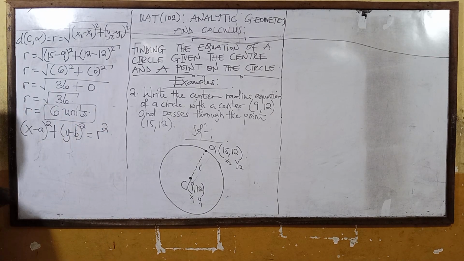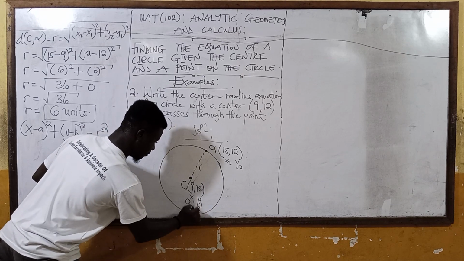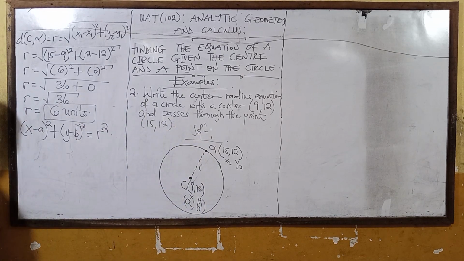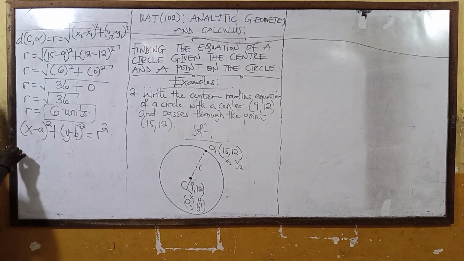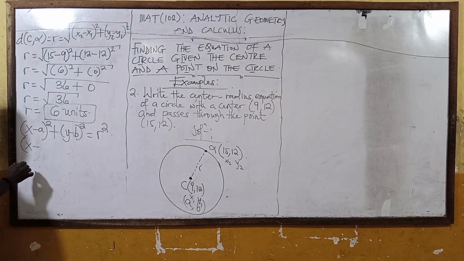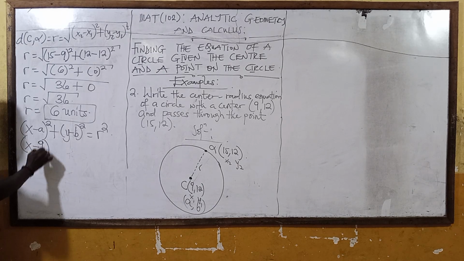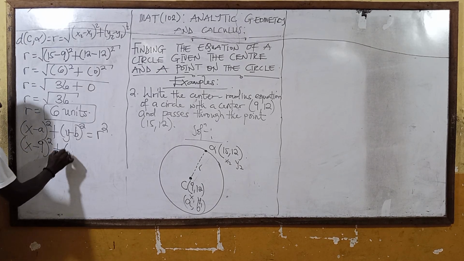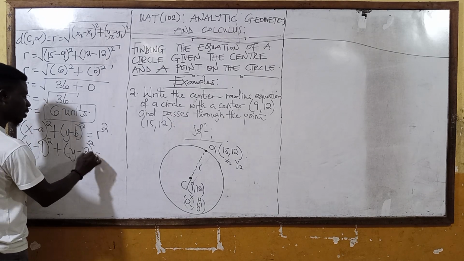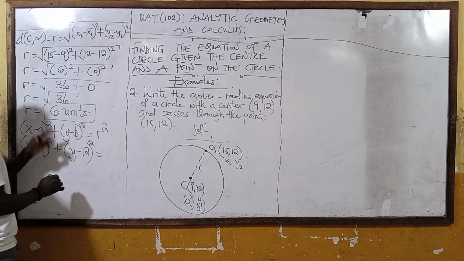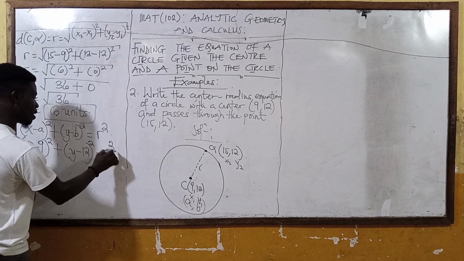Don't forget that my a and my b is at the center. a is 9 and b is 12. So I have my x minus my a, which is 9 squared, plus y minus b, which is 12 squared, equals my radius. I obtain my radius to be 6 squared.